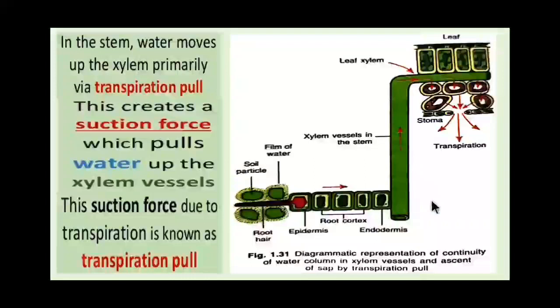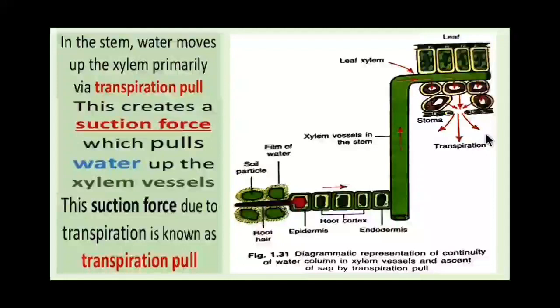Now thus water is continuously being taken away from the top of the xylem vessel in the leaves to supply it to the cells in the leaves, and this reduces the effective pressure at the top of the xylem vessel so that water flows up from the soil into them.